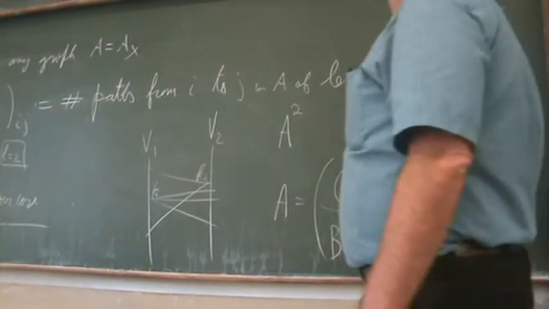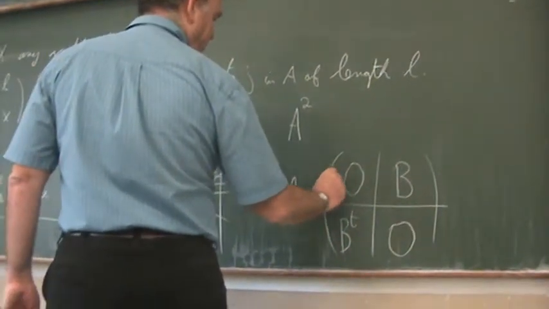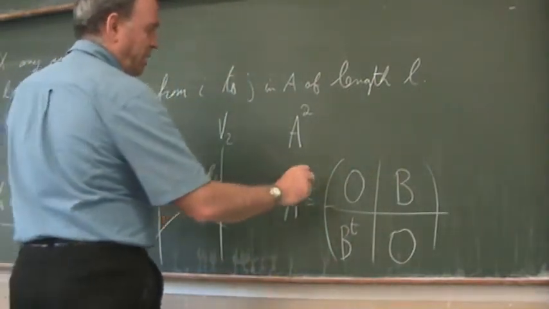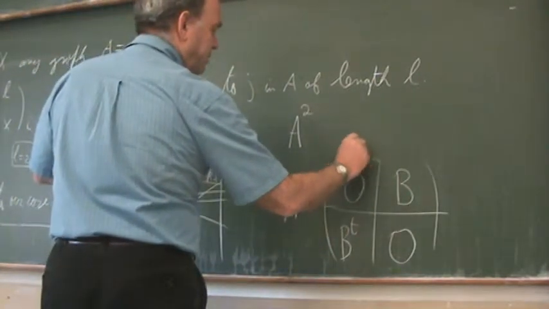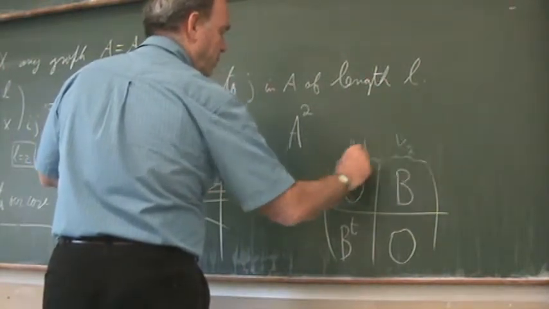And this is not a square. Let's see, I take here V1, this is V2.